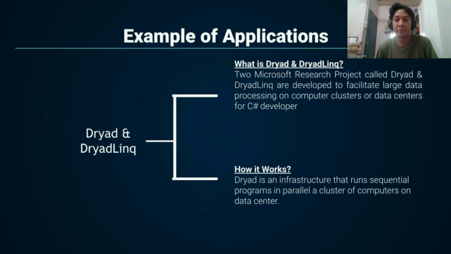Part of the technologies applications that I'm going to talk about is called Dryad and DryadLINQ. Dryad and DryadLINQ are two Microsoft Research projects developed to facilitate large data processing on a computer cluster or data center for C# developers. How it works is that Dryad runs sequential programs in parallel on a cluster of computers in a data center.